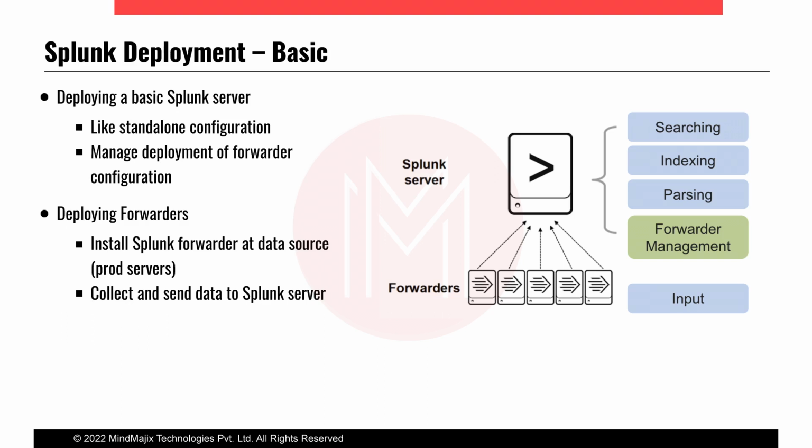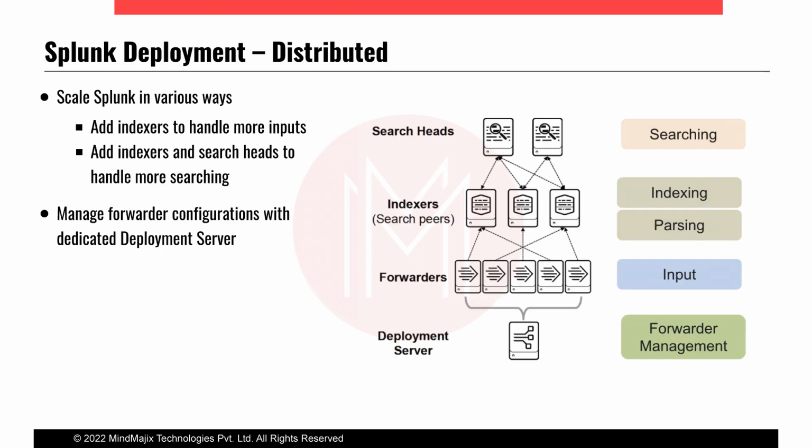Let's look at the other deployment, which is very prevalent in the industry. This deployment is called distributed deployment. Here, you can scale Splunk in various ways at various layers. But before we go about the scaling part of it, we need to understand why we are doing it.